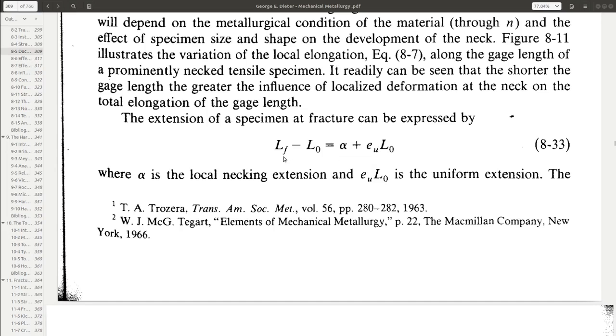So the total elongation LF minus L0 is equal to the local elongation at the necking region, which is alpha, plus EU into L0.